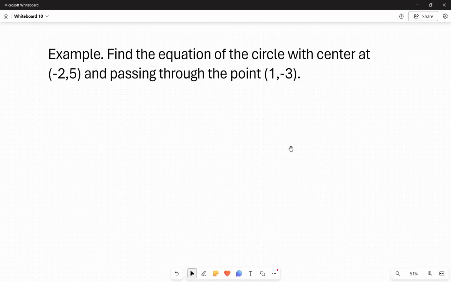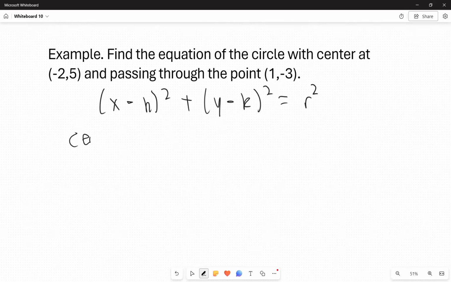Okay, so we are going to use the center radius form. The center radius form, remember, this is (x minus h) squared plus (y minus k) squared equals r squared. Okay, so we know, good thing, we know the center. The center is negative 2, 5.